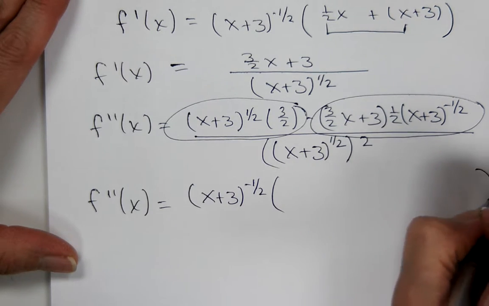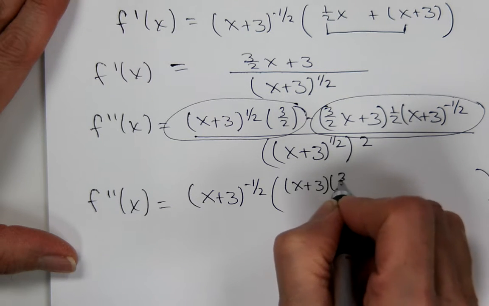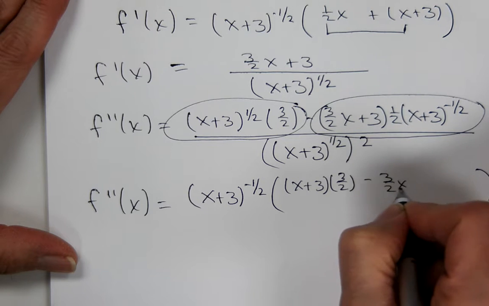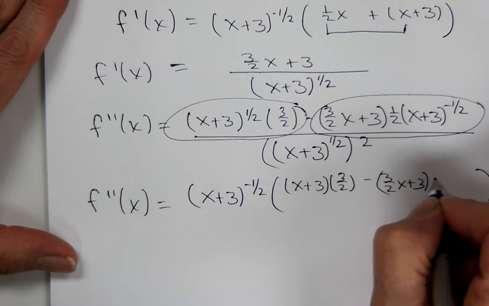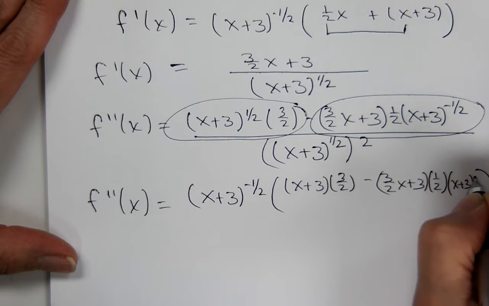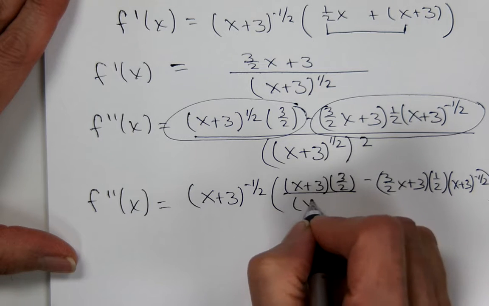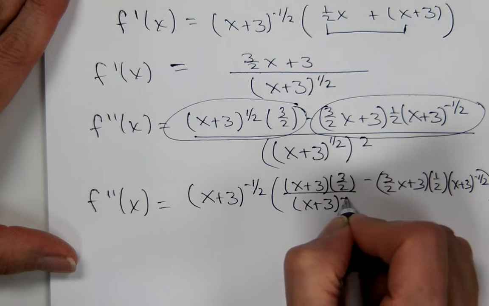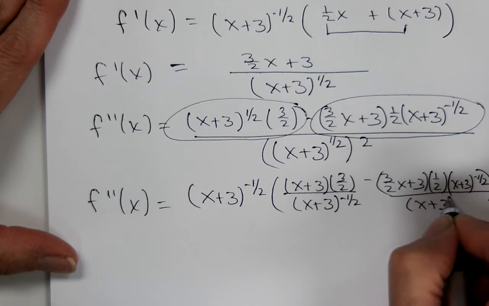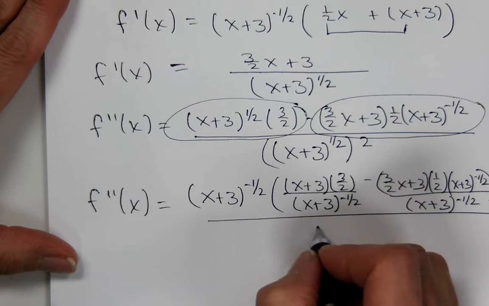To figure out what's left, I'm going to rewrite the original in all its messed up ugliness and divide by the same thing that I'm factoring out. And you end up doing this over and over again in this section and in this chapter.